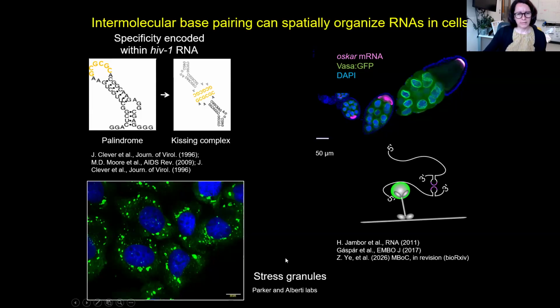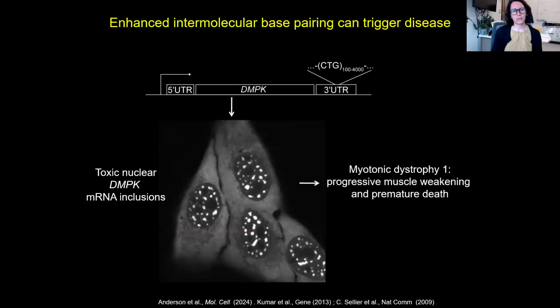However, when these interactions become too many, exaggerated, they can also lead to disease, and this is really associated with trinucleotide repeat expanded mRNAs. Here I'm showing an example of the myotonic dystrophy protein kinase gene that has CTG repeats in its 3' UTR.